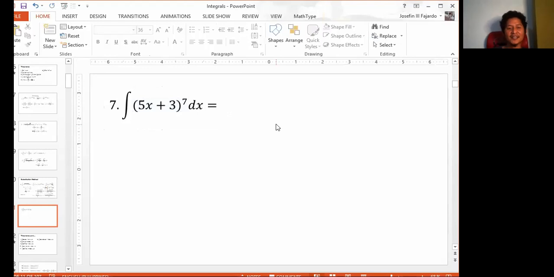I made up my mind. So it's the integral of 5x plus 3 raised to 7 dx.